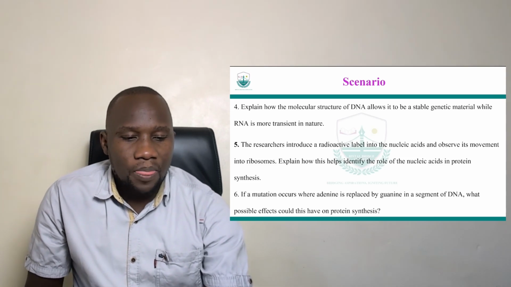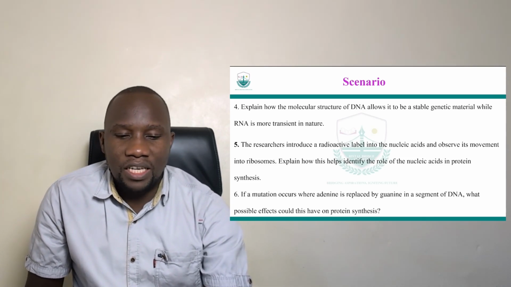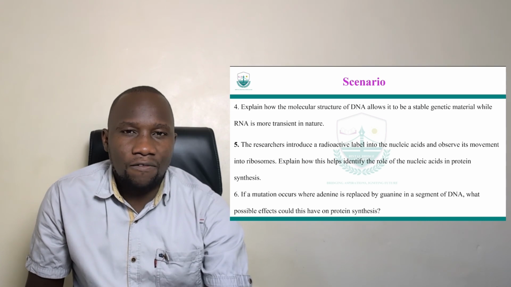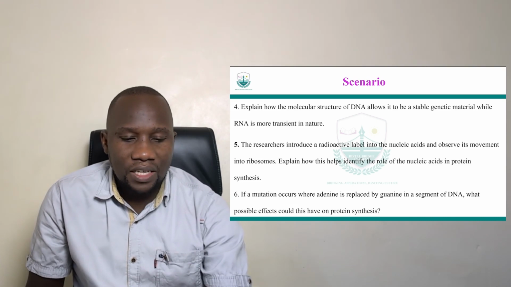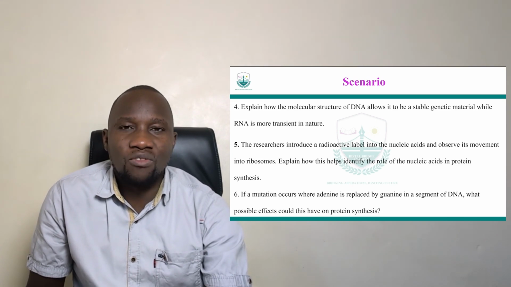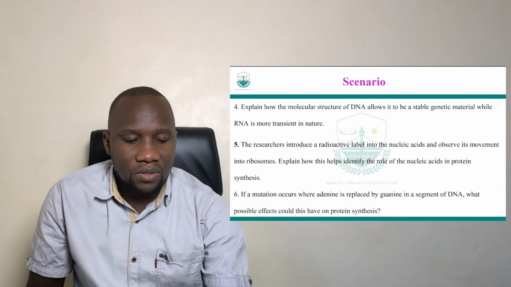The other questions are: explain how the structure of the DNA allows it to be stable while RNA is more transient in nature. The fifth question is that the researchers introduce a radioactive label into the nucleic acids and observe the movements in the ribosomes.